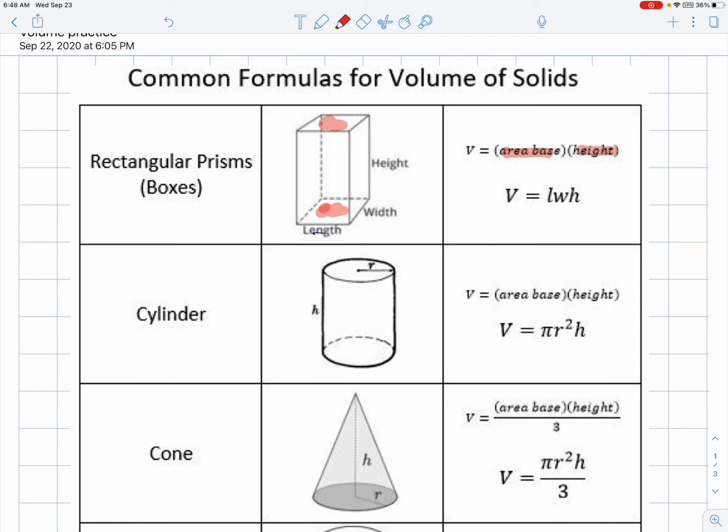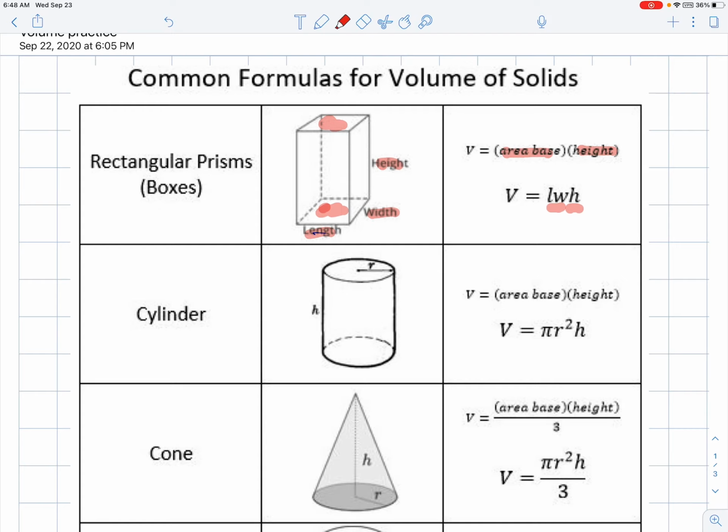You take the area of the base and you multiply by the height. So in this case, the base is a rectangle, and it has a length and a width. So the area of the base would be the length times the width. And then you multiply by the height, right? So the length times width times height, but think of that as area of the base, that rectangle, length times width, then multiplied by the height.